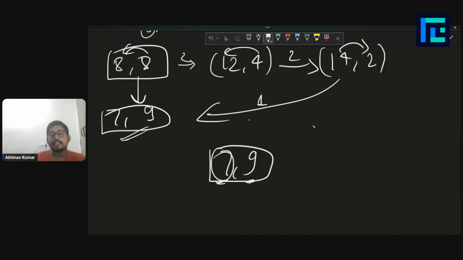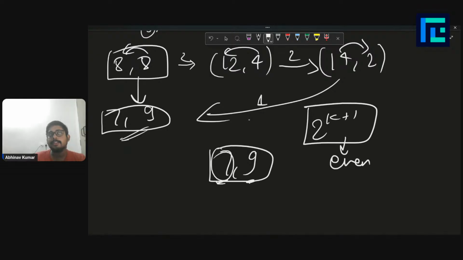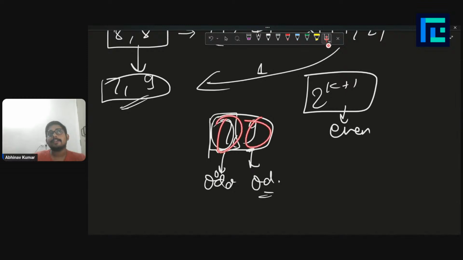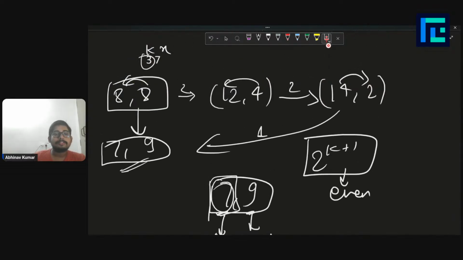Since the total number of cakes is 2 to the power k plus 1, which is always even, if one of the persons has an odd number, then the other one also has an odd number. Once you reach a state where both have odd values, you cannot perform any operations further. So you can only perform operations until both of them have even numbers, and until then both types of operations are open.